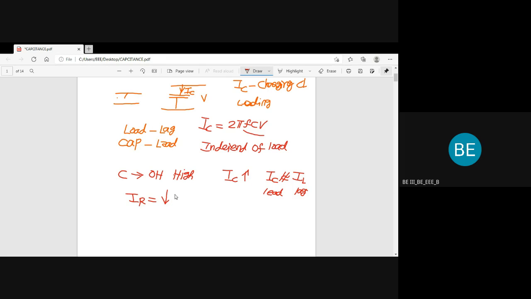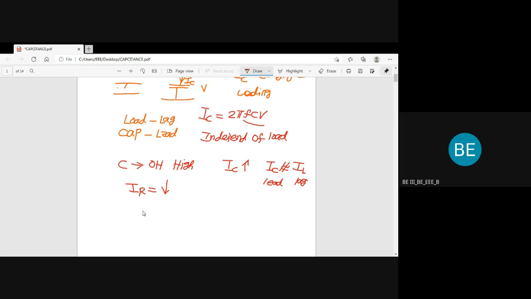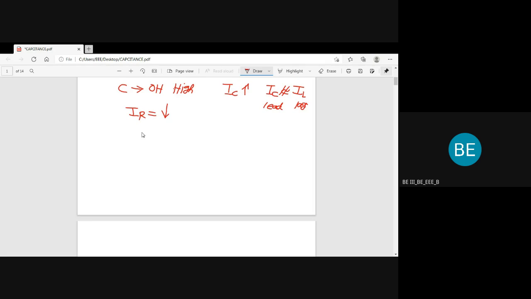If the current reduces, the I squared R loss gets reduced, and then the efficiency increases.